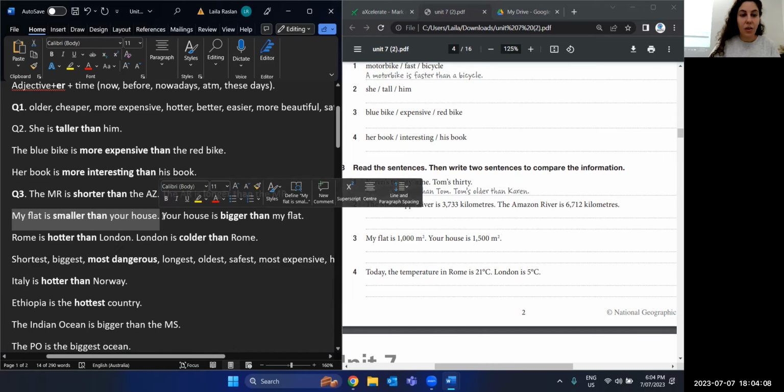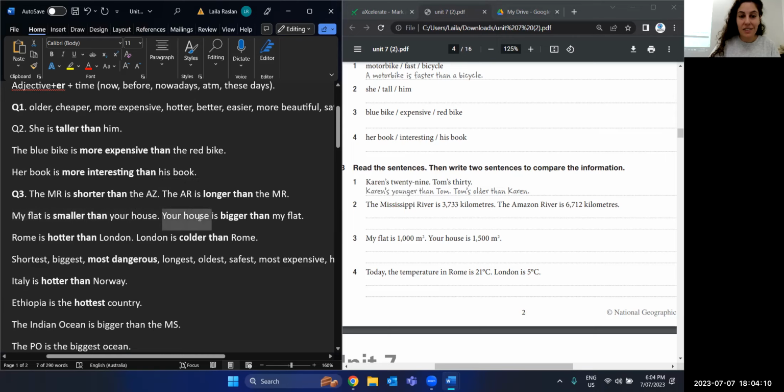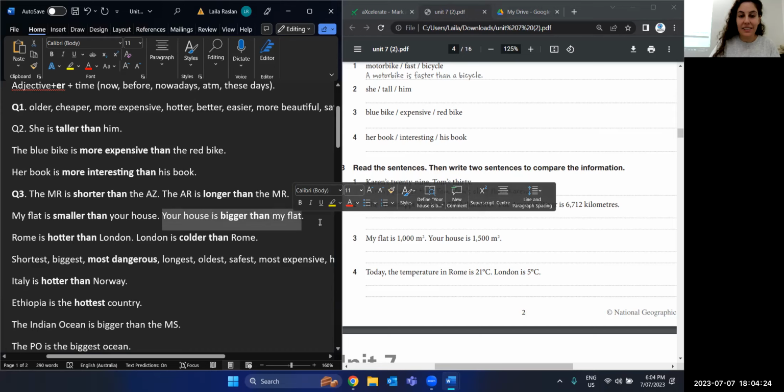Yeah. Or your house, this is the size. Your house, which is 1,500 square meters, is bigger than my flat.